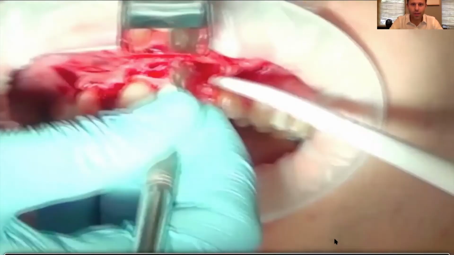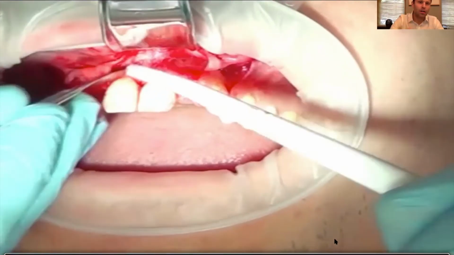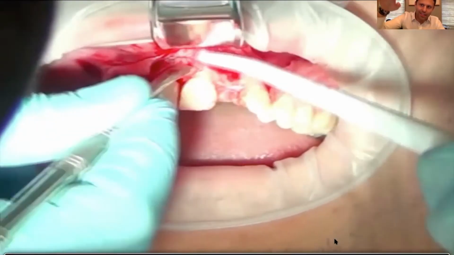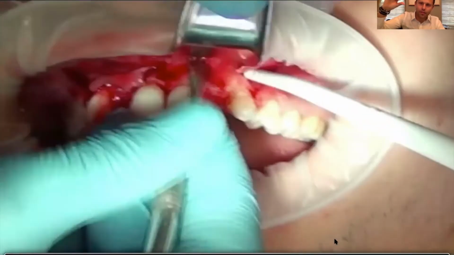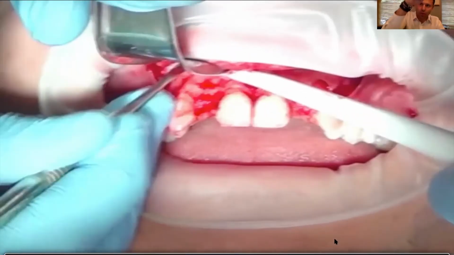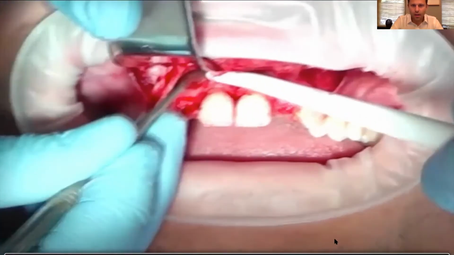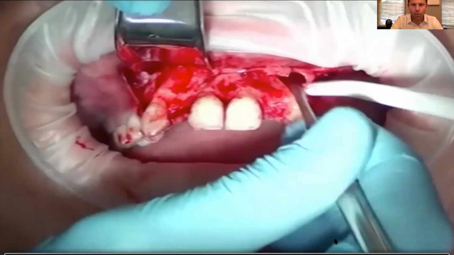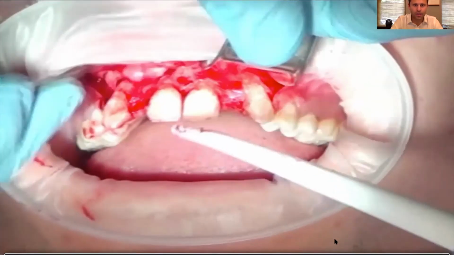You need to really reflect that tissue very deep. Because the concavity goes like this, it's a little more wide at the crest, it goes deep in and then it goes back up. So if we could close that triangle and create a bone to form there, you have to go really high up into the incision.